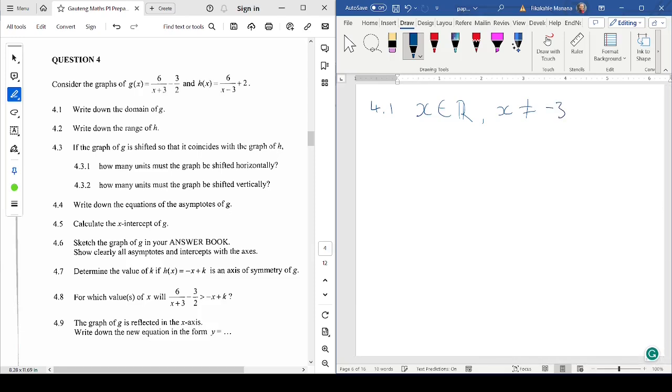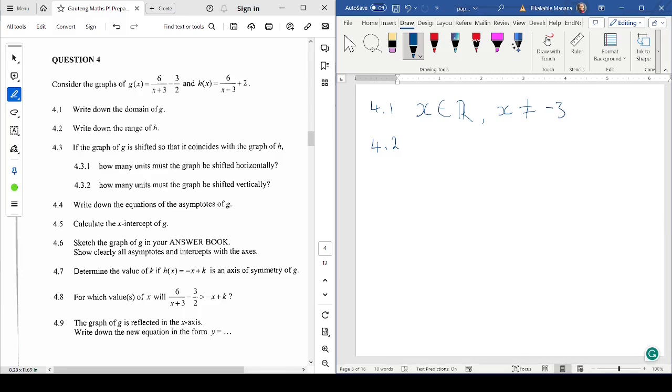Remember, when it comes to these hyperbolic graphs, with x plus 3, when you are looking at the asymptote, you always take the opposite sign. But when you are looking at the range, you take the sign exactly as it is.